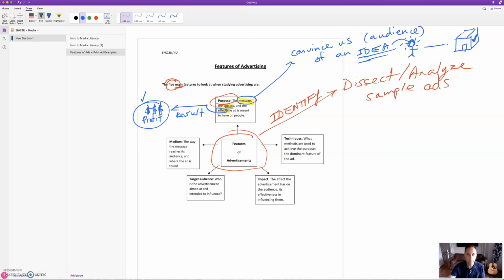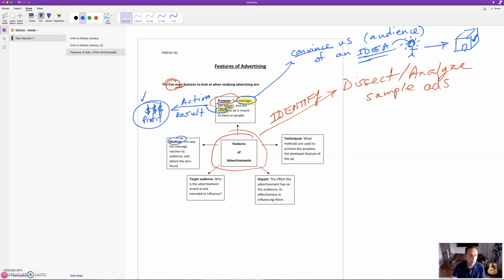So they want to lead us to action and a decision. But purpose is also the message. So to convince us of whatever, idea X, resulting in action on the part of the audience, and then they'll go and spend money on that product or support that brand. So first of all, identify what is the purpose of the ad.